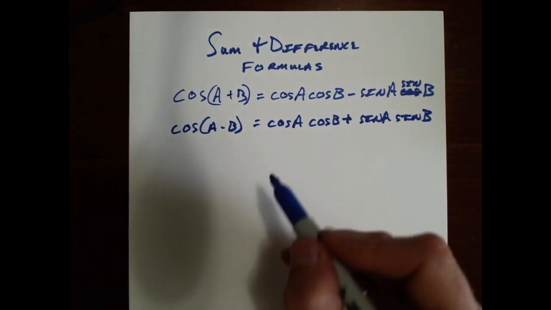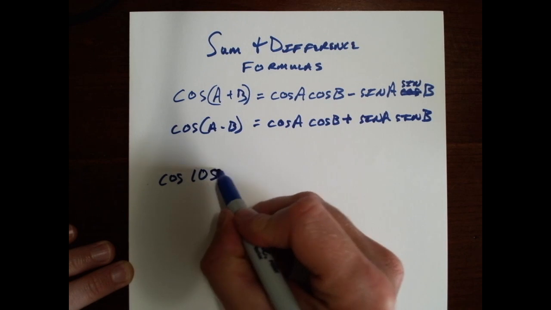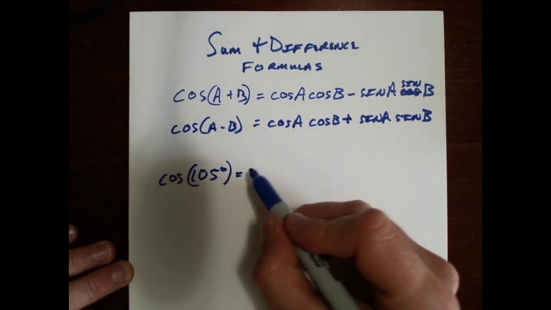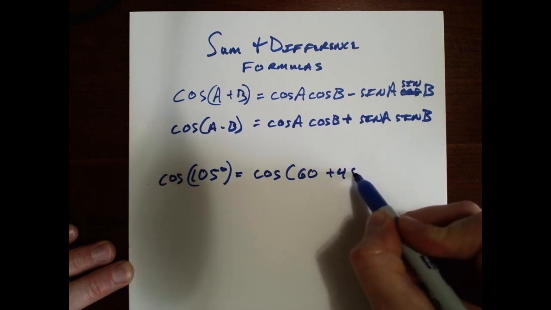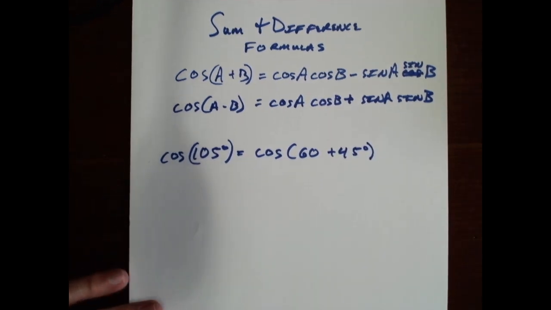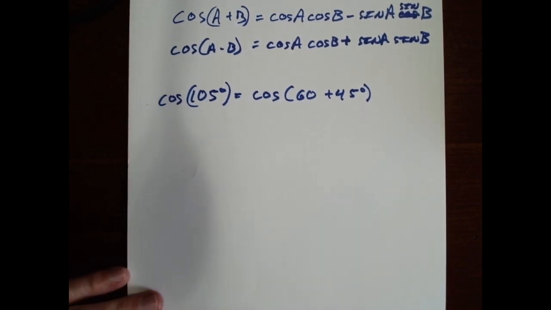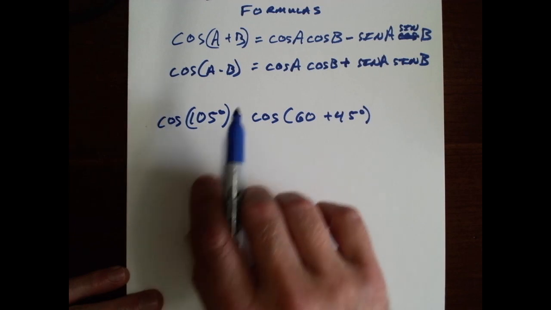Now, let's say that we were talking about cosine of 105 degrees, which I already mentioned can be rewritten as cosine of 60 plus 45 degrees. Those two measurements are on our unit circle, so we can use the sum formula for cosine right here.